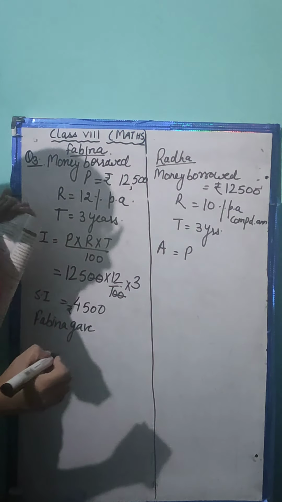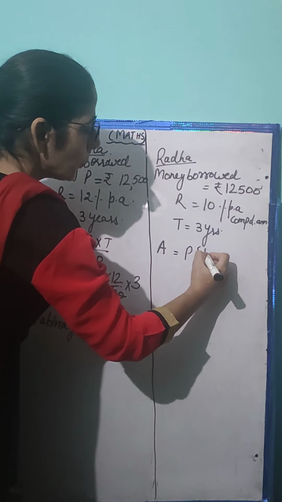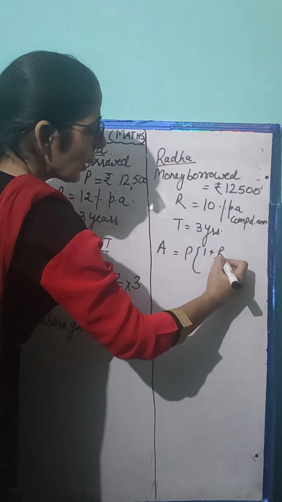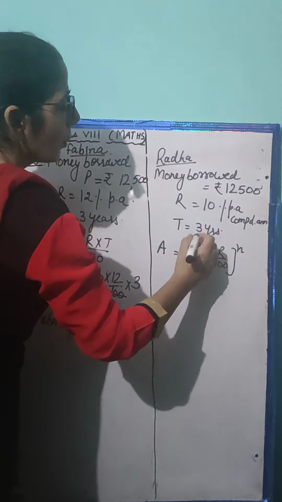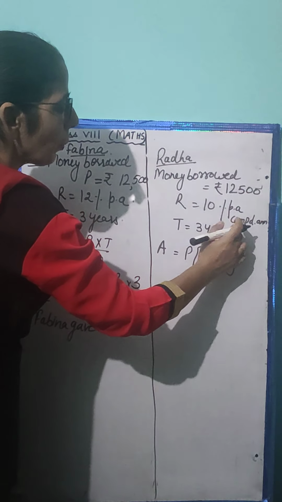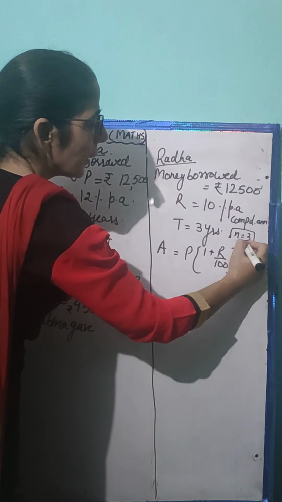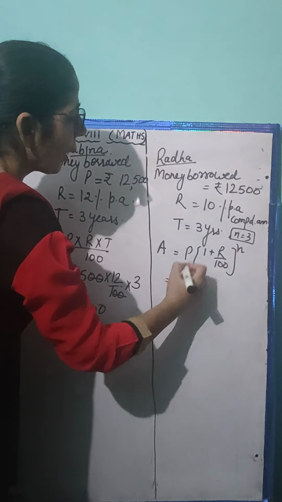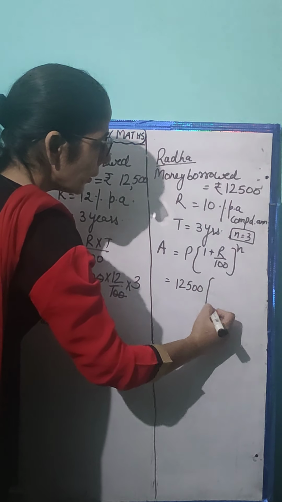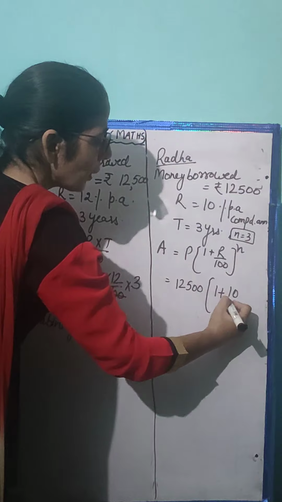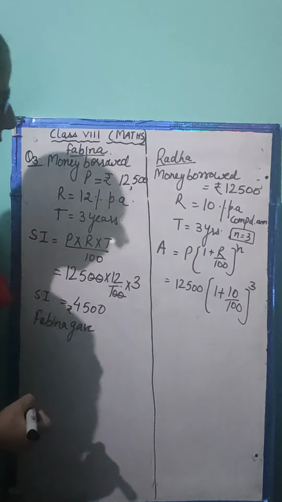What is the formula for amount in compound interest? A is equal to P into 1 plus R by 100 raised to power n. Because interest is compounded annually, n is equal to 3 years. So we put in the values: 12,500 into 1 plus 10 by 100 whole raised to power 3.